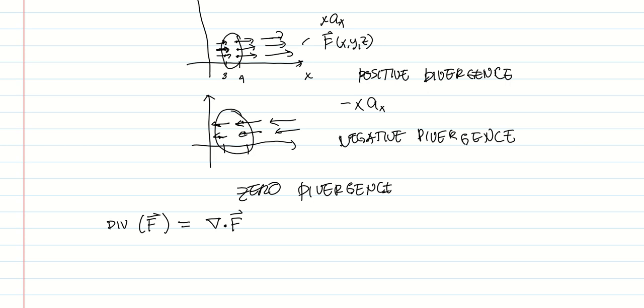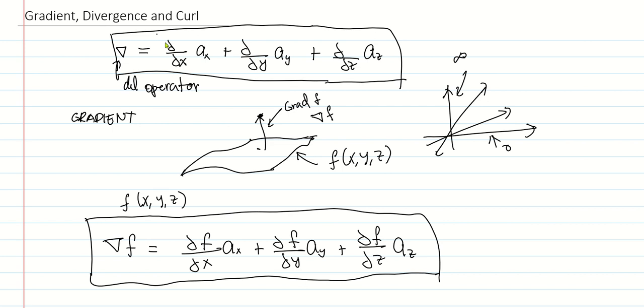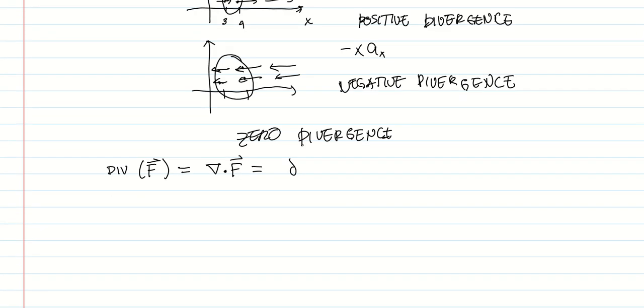So if we take the dot product, we have the del operator here: partial derivative with respect to x, ax, plus partial derivative with respect to y, ay, plus partial derivative with respect to z, az. You take the dot product with that vector f.